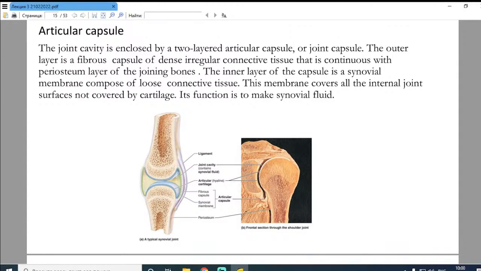The outer layer is the fibrous capsule of dense irregular connective tissue that is continuous with the periosteum of the joining bones. The inner layer of the capsule is the synovial membrane, composed of loose connective tissue.